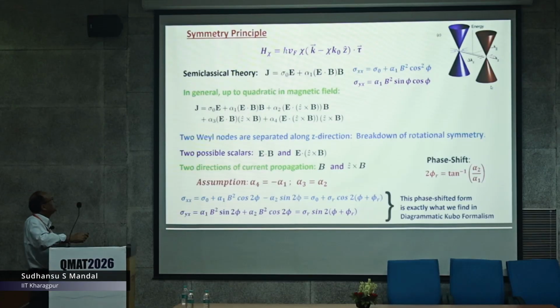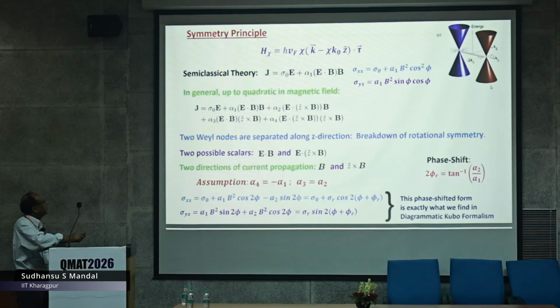If I do the Boltzmann transport conductivity, you can see the result from this current relation. J is sigma 0 E plus alpha 1, some coefficient, E dot B times B. If you find the conductivity from this relation, it will be sigma 0 plus alpha 1 B square cos square phi and alpha 1 B square sin square phi. So these are the relations found by Boltzmann transport theory.